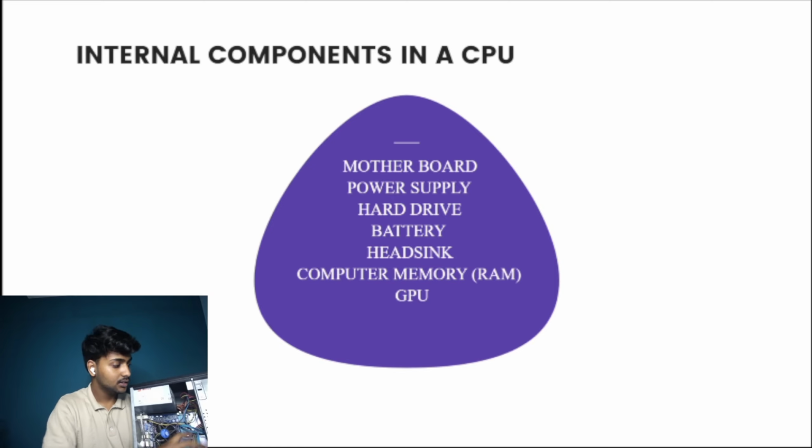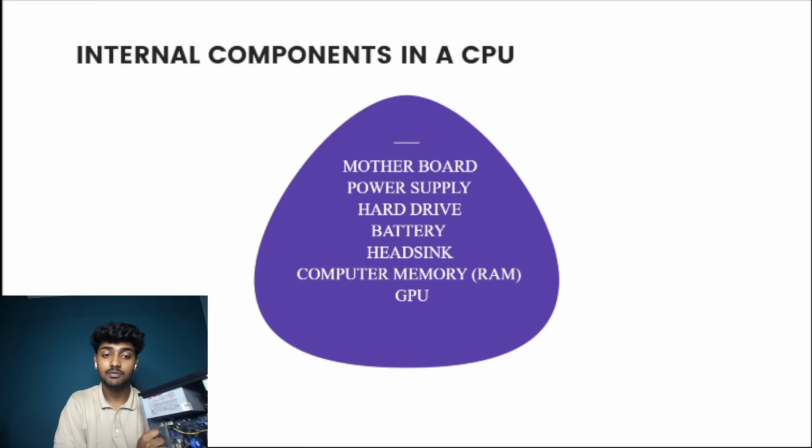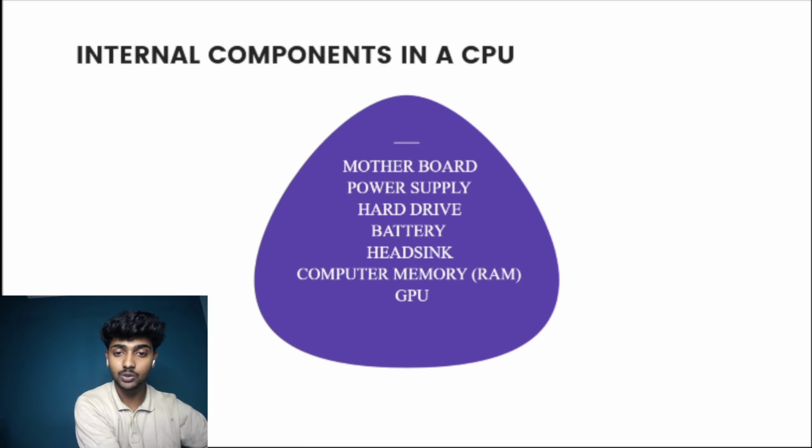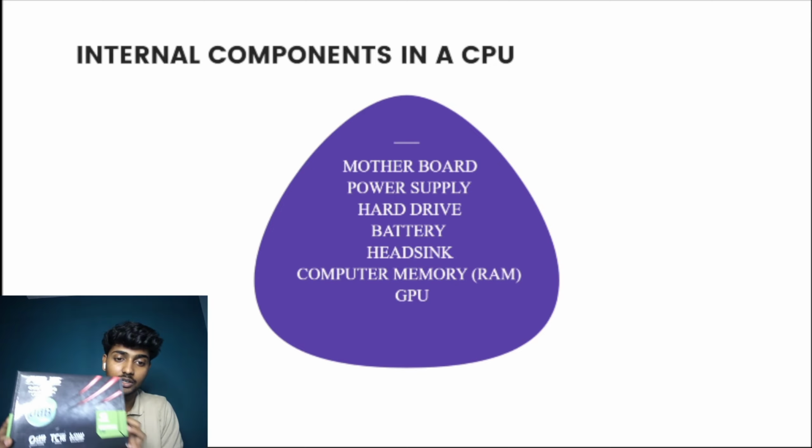So here you can see the storage, the hard drive of the computer, which is usually for the data storage which we do on a daily basis. So these were all the internal components of a CPU. The other component is the GPU, which is the graphics processing unit.